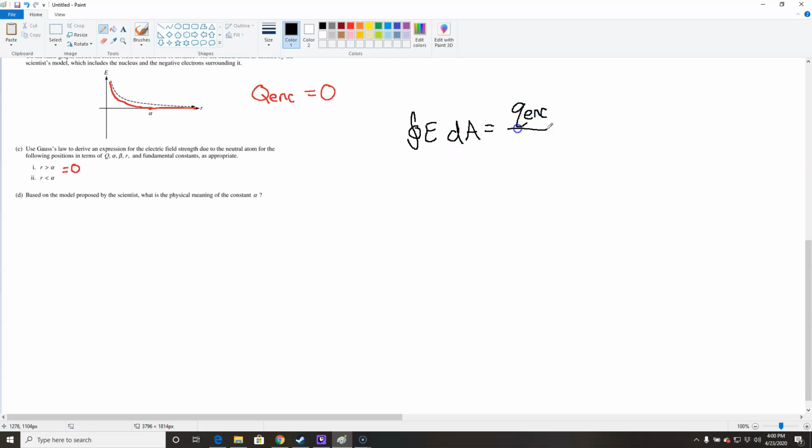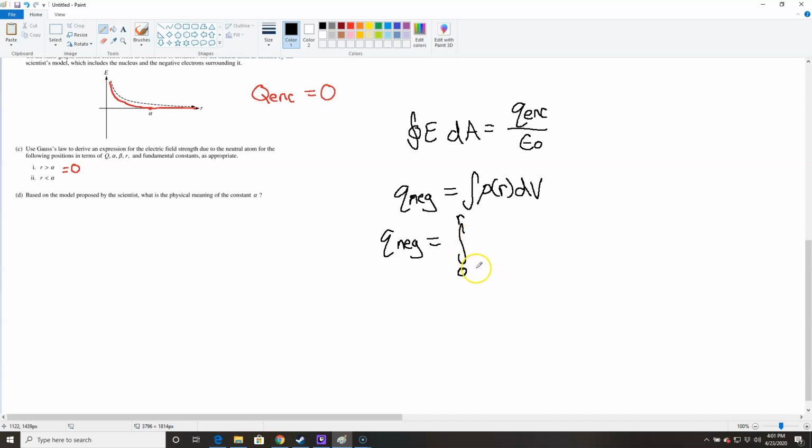We're going to focus in Gauss's law on the negative charges. So the Q negative at any point is going to be the integral of that charge density that they gave us, dV. Q negative will be the integral from 0 to some value r, because we want to know at any point r, not necessarily alpha.